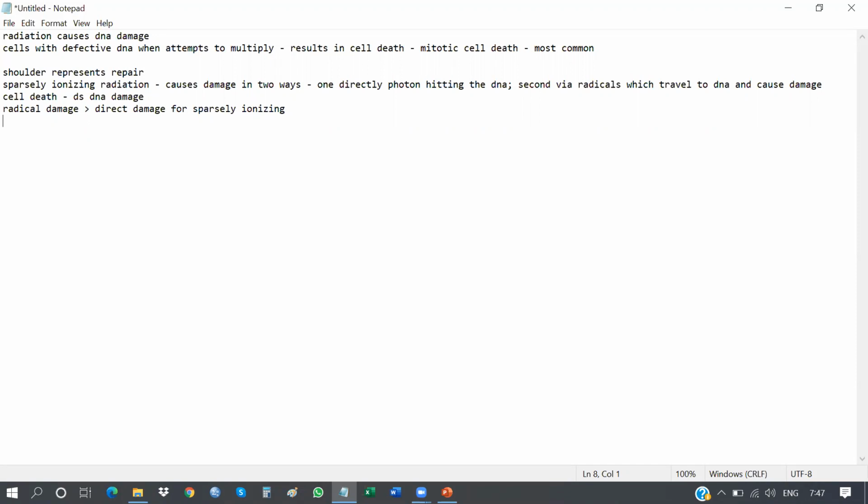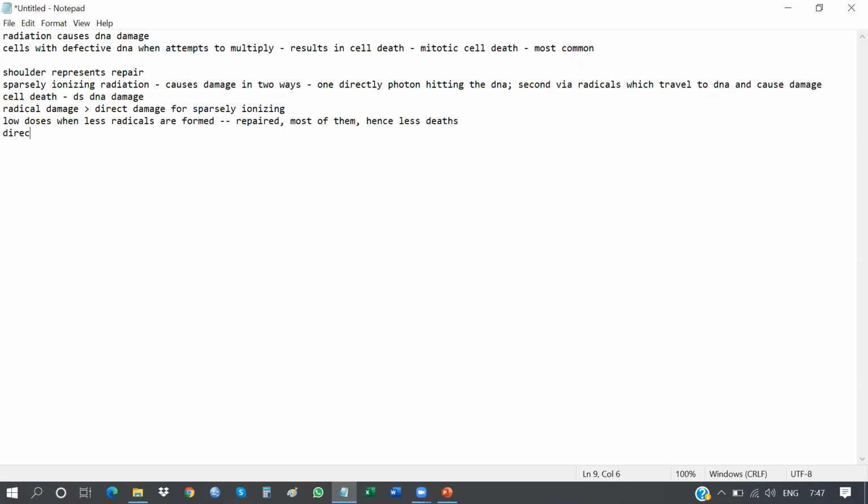Hence, at low doses, when fewer radicals are formed, most of them are repaired. Hence, fewer deaths.